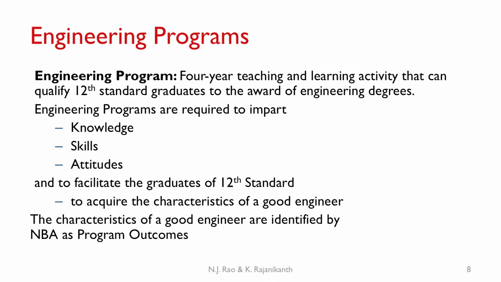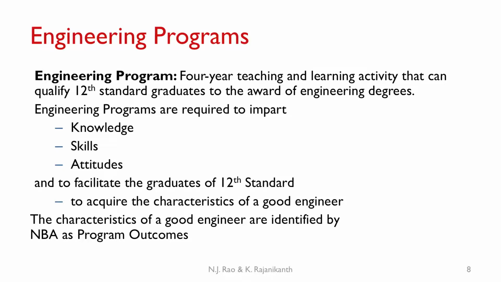And engineering programs are required to impart, this we have mentioned already in module 1, knowledge, skills and attitudes, and to facilitate the graduates of 12th standard to acquire the characteristics of a good engineer. Who defines the characteristics of a good engineer? They are identified by the National Board of Accreditation. They use the word program outcomes.